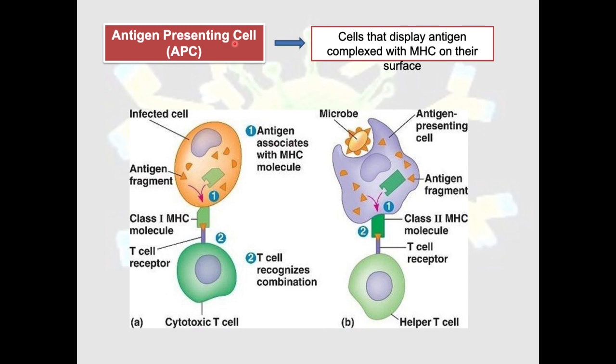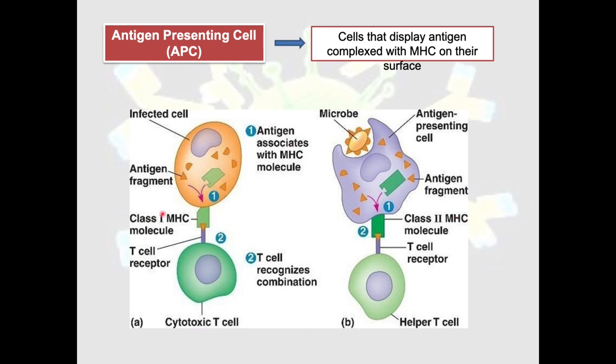Antigen presenting cells, APC, are cells that display antigen complexed with MHC on their surface. There are two types: MHC class 1 and MHC class 2.